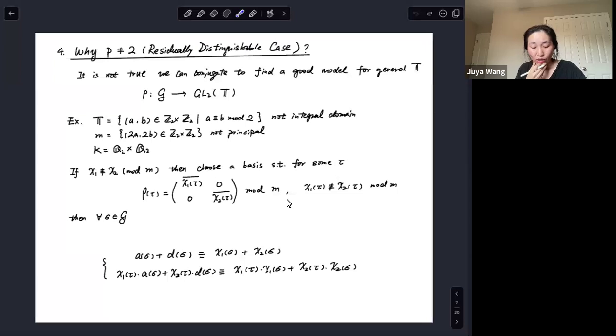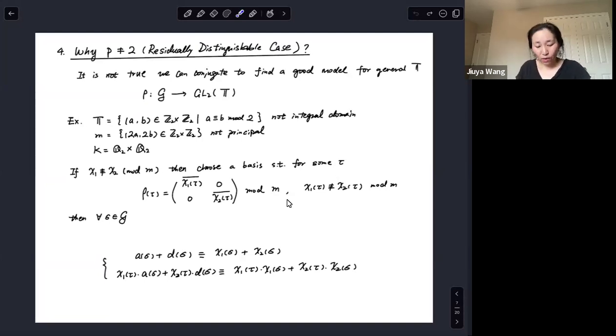So you have zero divisors, and at the same time, the maximal ideal, which is just the elements that have even entries for both components, is not a principal ideal. So you cannot find a uniformizer. And the total ring of fractions is Q2 cross Q2.